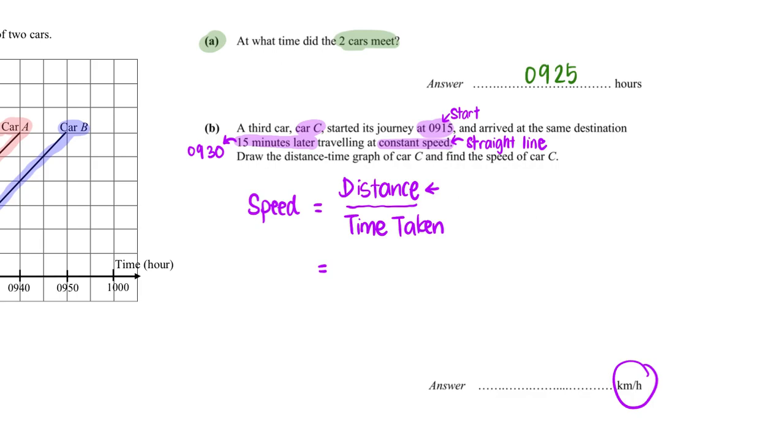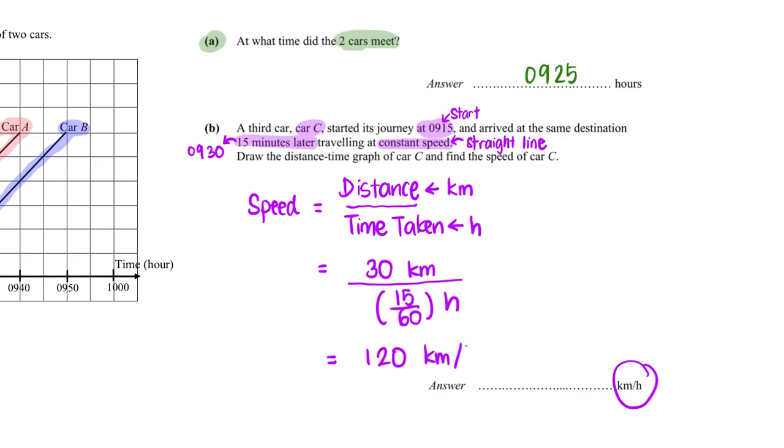That means the distance will be in kilometers and the time will be in hours. So, 30 kilometers divided by 15 minutes, but I'm going to convert it to hours. And then this will give me a value of 120 kilometers per hour.